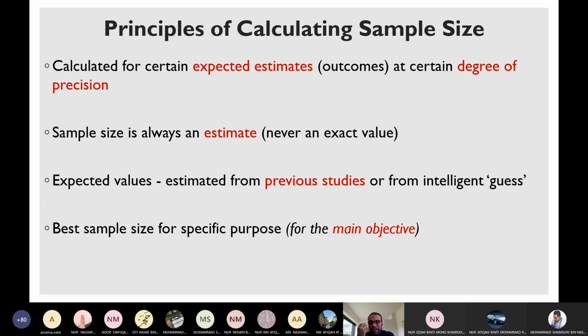So how can we assume this estimate regarding the variable, which will guide how large or how small the sample will be? One of the points you can refer to is that this estimate can sometimes be projected from a similar study.